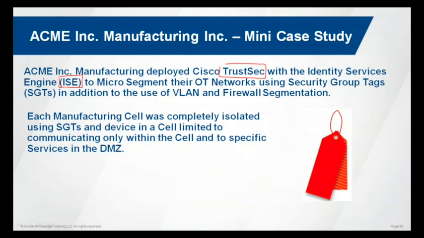Essentially, for each cell, we use a unique security group tag, and that's how we did that segregation within the cell and between two cells. And we also allowed some communications with the DMZ, because they needed to have some shared services in the DMZ. So then we use ICE to create a policy to allow that communication from the manufacturing zone to the DMZ.